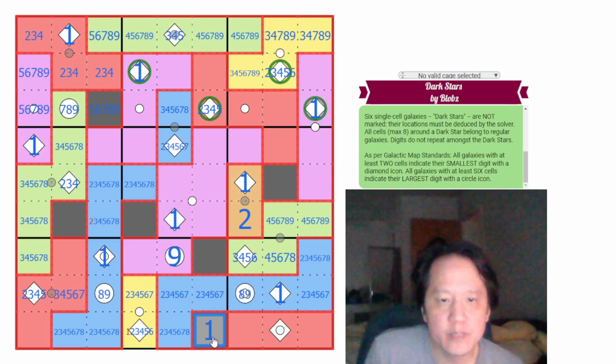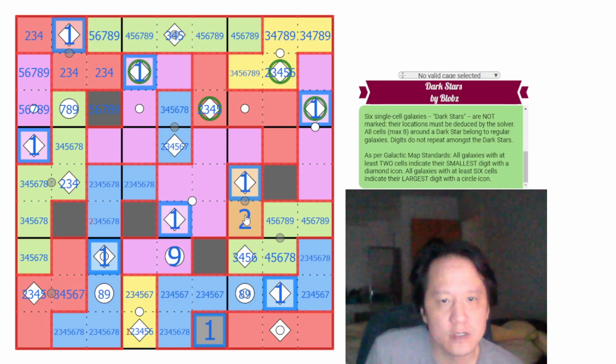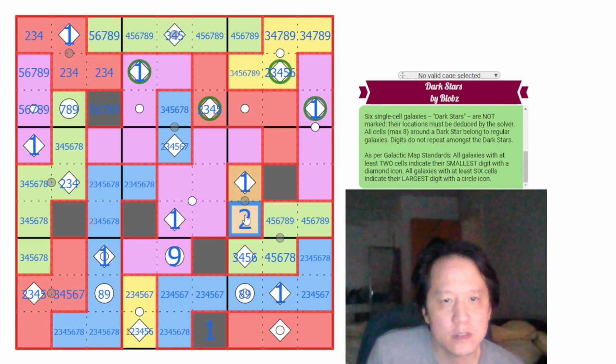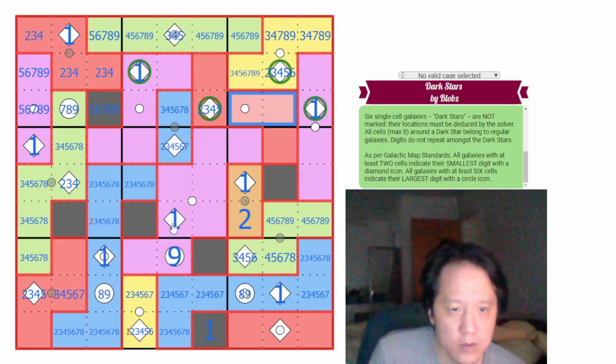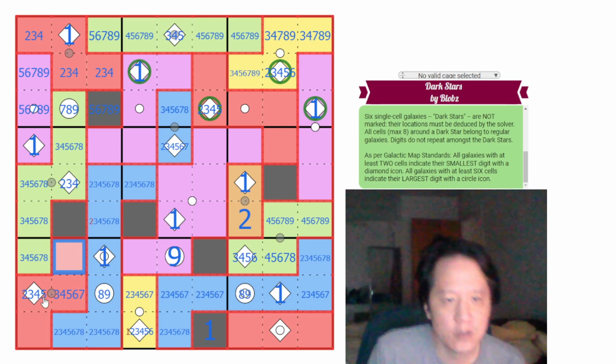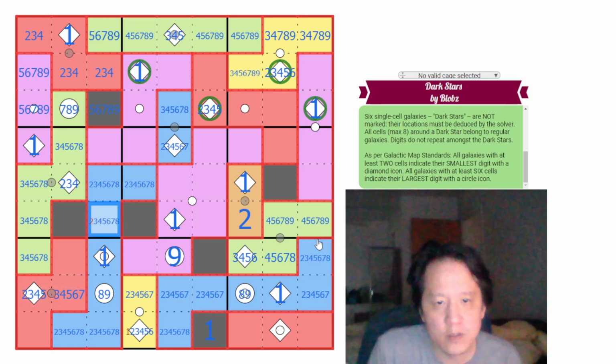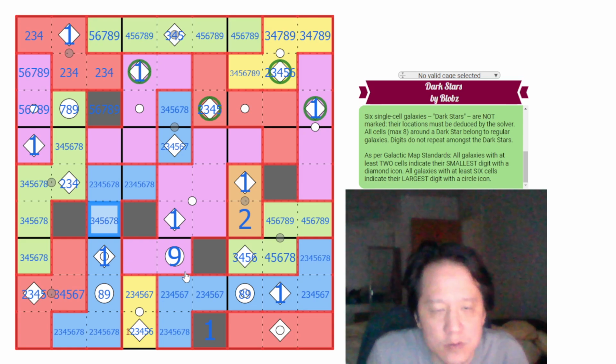Now we can similarly look for 2s, right? Where are the 2 possibilities? Well, this could be 2 also. So 2 cannot be here. Okay, this can't be 2.